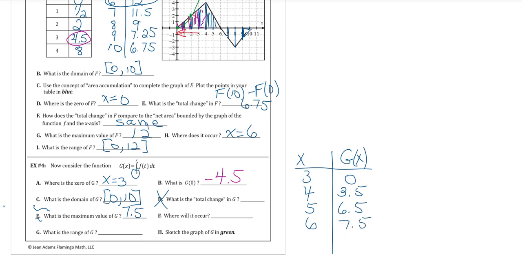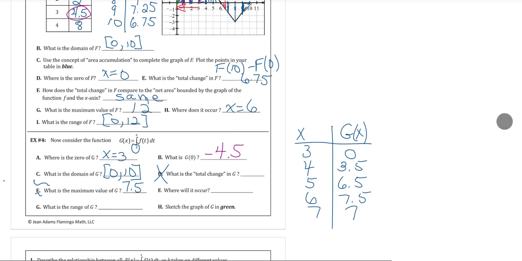And then at 7, I'm below the x-axis. So now I'm going to start subtracting off areas. So I subtract off that little triangle there. So then I'm at 7, because we figured out before that triangle, we were estimating that one to be about 1/2. And then the next one, the trapezoid at 8, I'm going to subtract off that area.